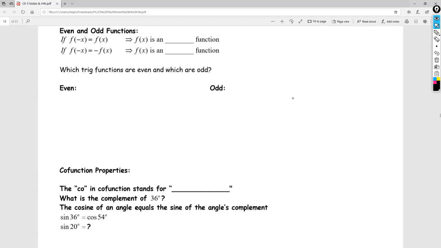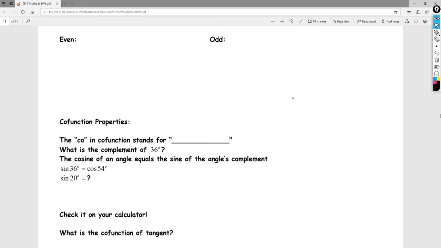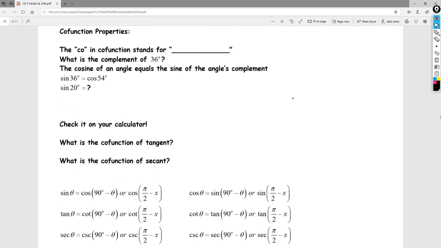In terms of talking about co-function properties, the co in co-function stands for complement. So we're thinking about complementary functions. When we ask what the complement of 36 is, remember that we're talking about two numbers that add to make 90, so in this case it will be 54.